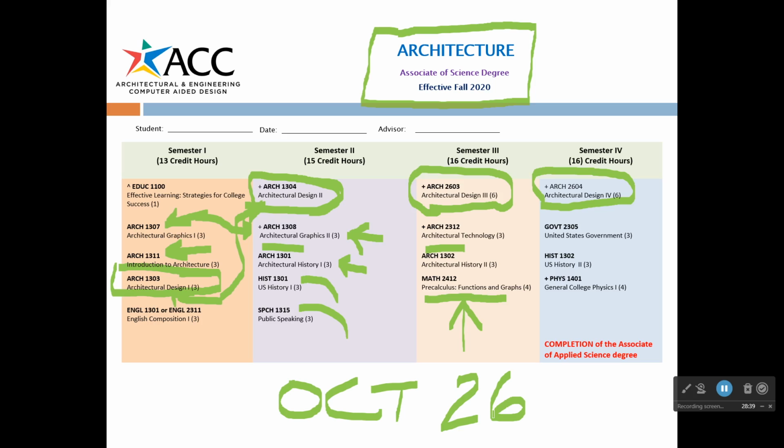So what I recommend doing is getting your courses planned in the ACC system. You may want to talk to an ACC counselor or advisor about that. But get your courses planned and set up in the system, and then on October 26th at 12:01 a.m., you might try to be enrolling right then, because courses actually do fill up very quickly in our department.